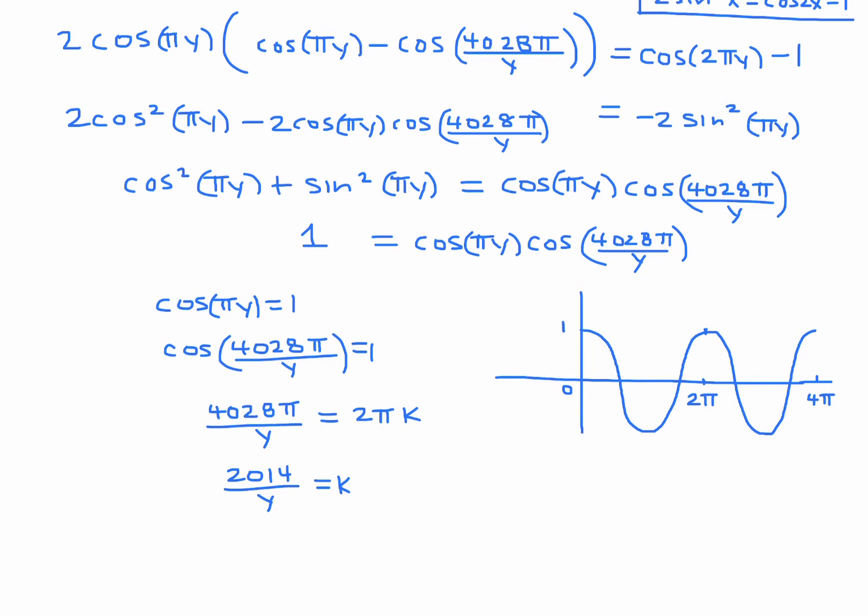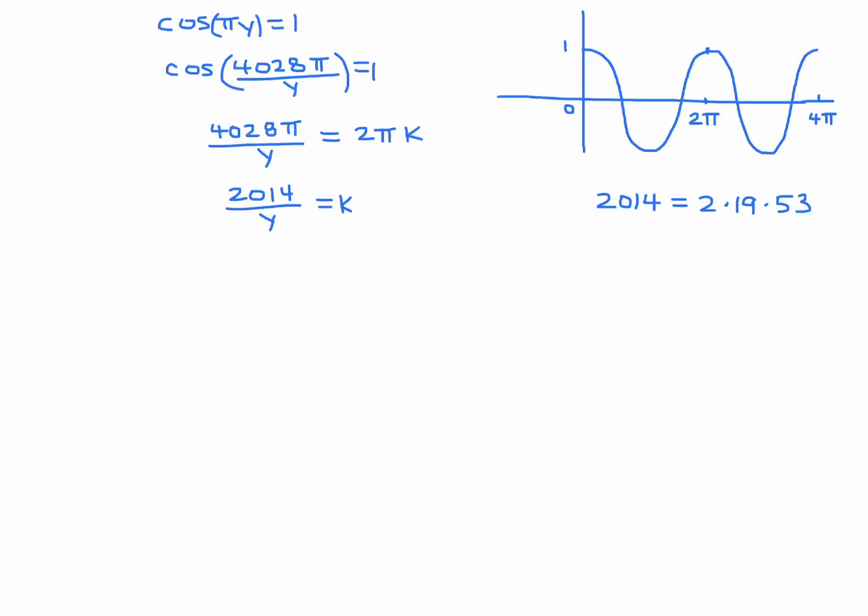So that basically means that y is some divisor of 2014. What are the divisors of 2014? Well, 2014 is 2 times 19 times 53. So y can be any divisor of 2014. That's going to be 1, 2, 19, 53, 38, 106, 19 times 53, or 2 times 19 times 53, right?